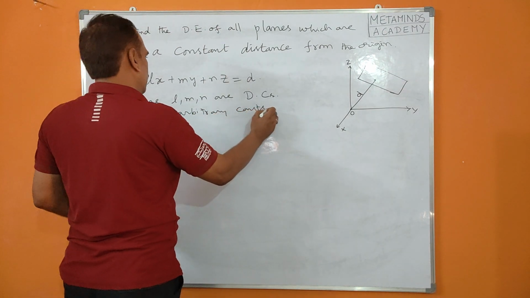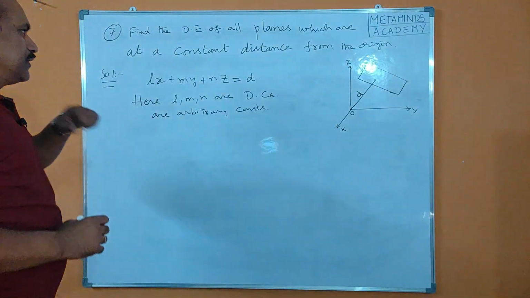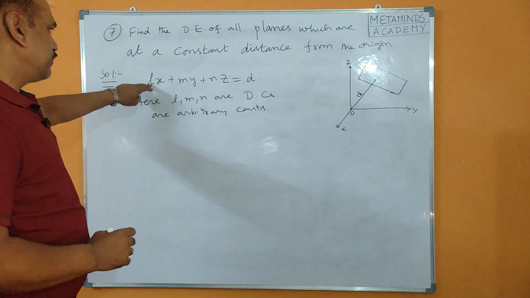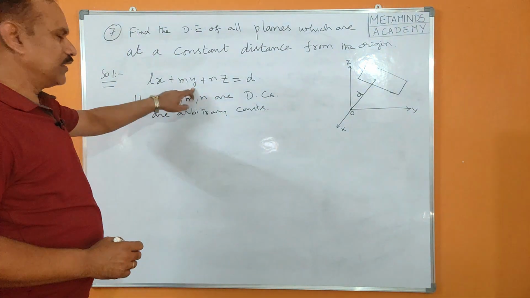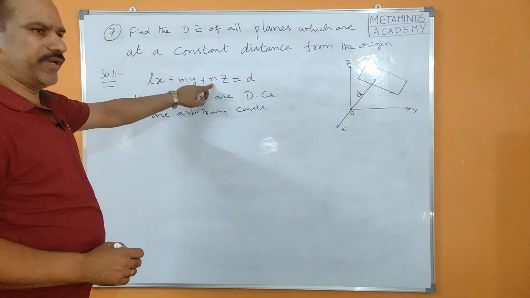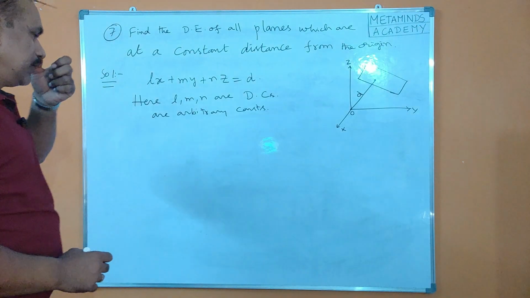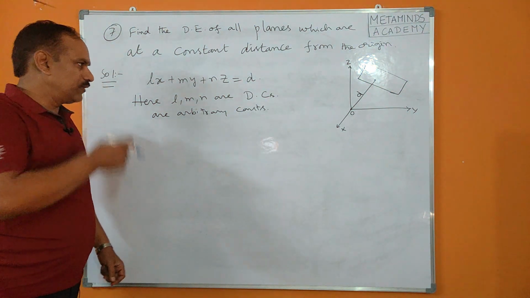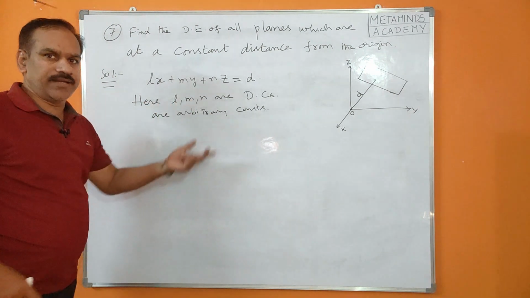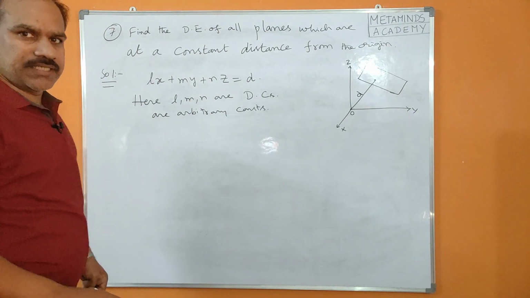But in this particular problem, because you have three arbitrary constants, L, M, N, and two independent variables x and y, you may be thinking that you will get a second order or higher order partial differential equation.